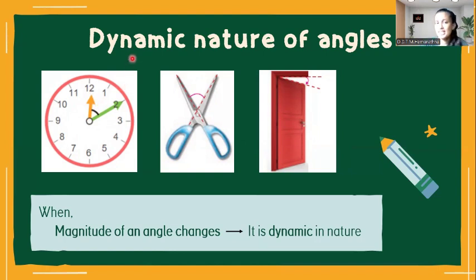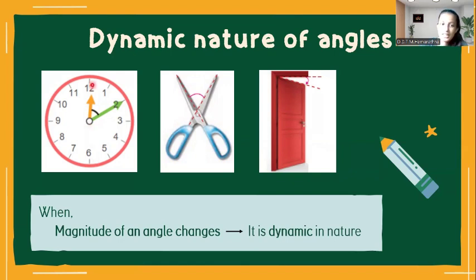So what is the meaning of dynamic? Dynamic means changing. The word dynamic gives us an idea that something changes with time, or when we use it, it is changing. The word dynamic gives the idea of changing, which is not stable.